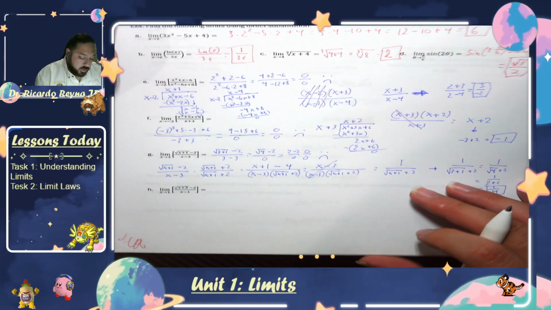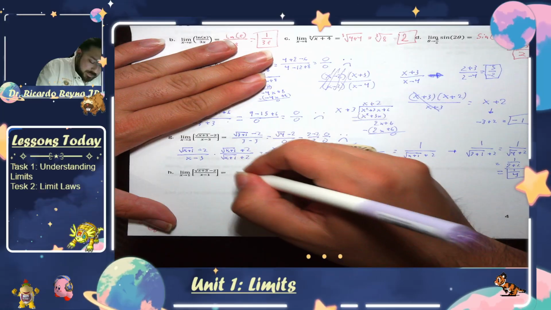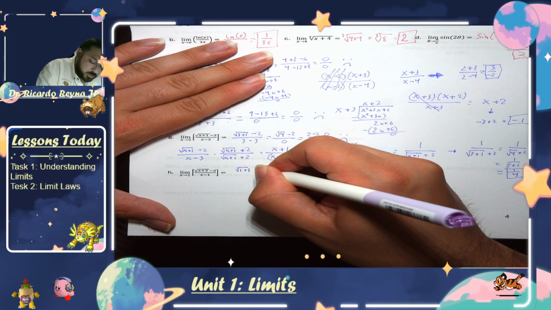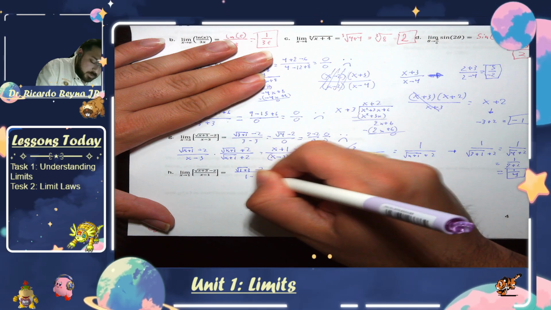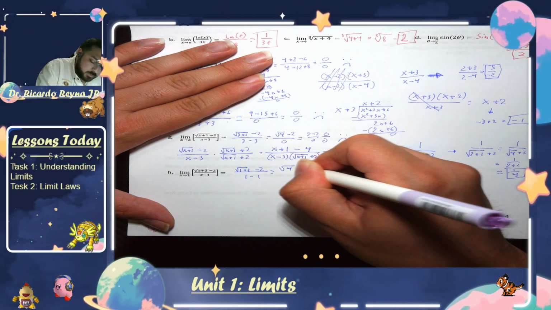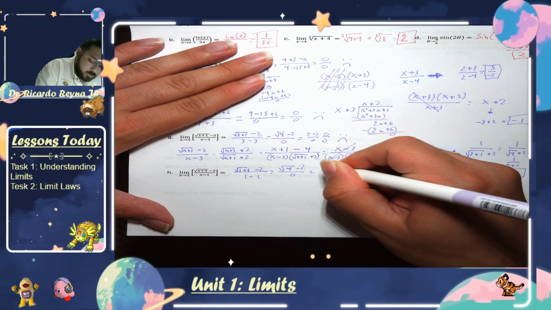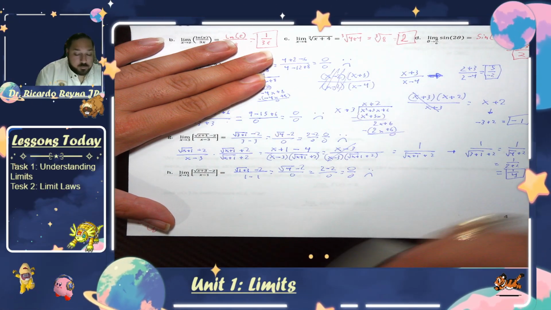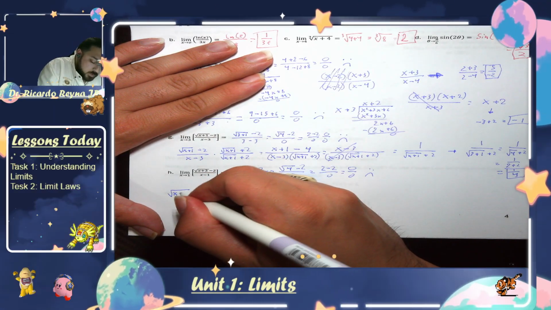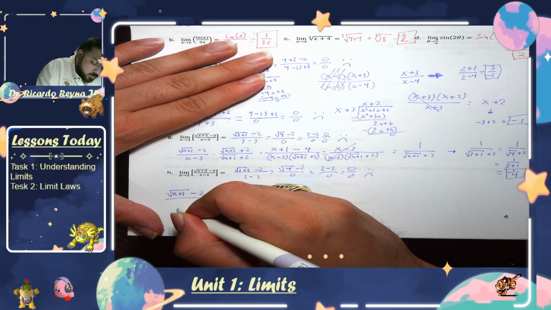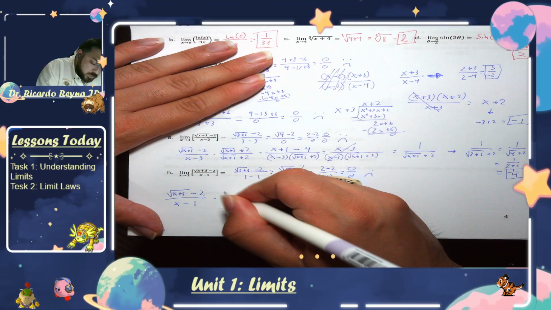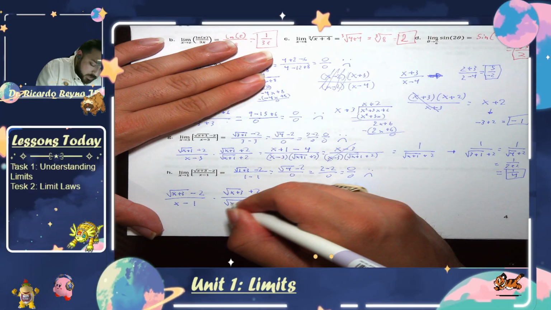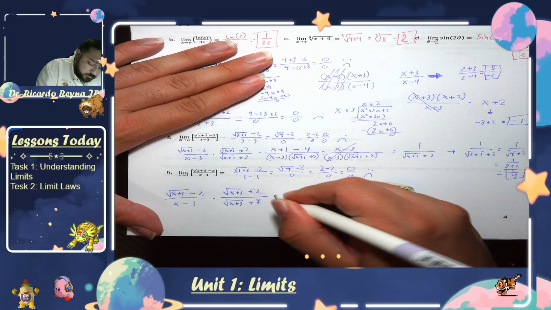All right. Next one, same thing, plugging it in. We're definitely going to have the bottom be 0 for sure, but let's just evaluate the top. You never know. Yeah, the top's going to be 0 as well, and again, it's a no-no. But multiply by the conjugate. The square root of x plus 3 minus 2 over x minus 1 times the square root of x plus 3 plus 2 over the square root of x plus 3 plus 2.